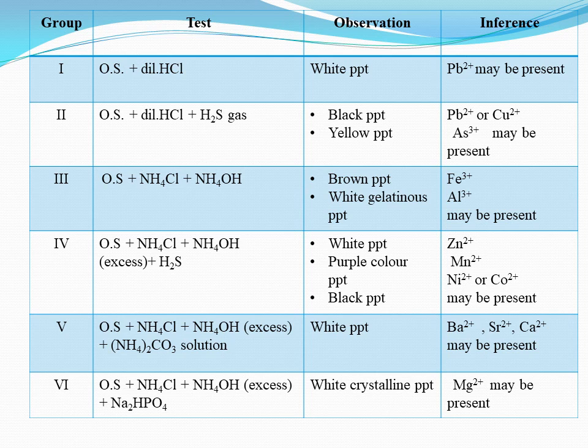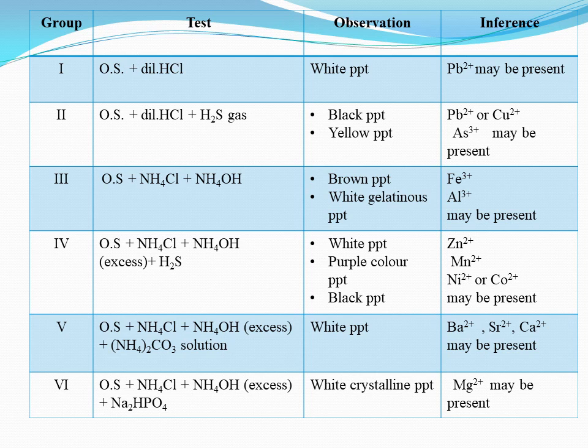Then what should you do? If you get a white PPT, do the confirmatory test for barium first. If it answers, then there is no need to do the confirmatory test for strontium and calcium. But if it does not, then do the confirmatory test for strontium ion. Again, if it answers, then you don't need to do the confirmatory test for calcium ion.